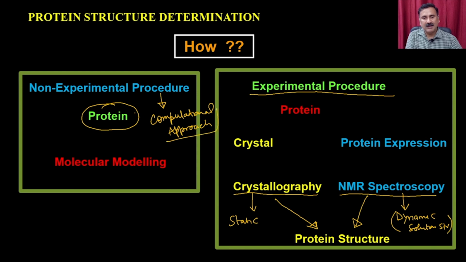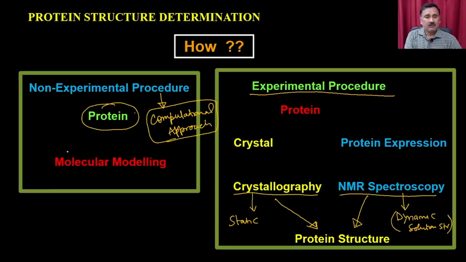All these are based on data sets which are used to train the particular software, and that's how you get the protein structures. So what we are discussing is the molecular modeling of the protein structures using computational tools.